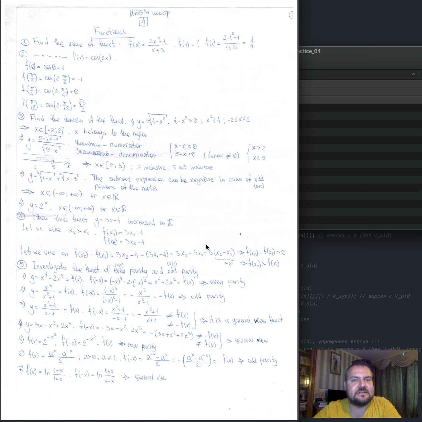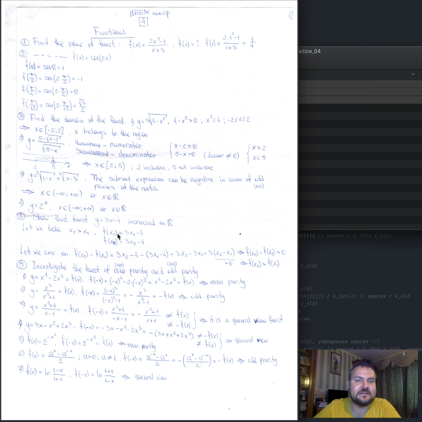Then an exercise on another topic and another question. Show that the function y equals 3x minus 4 is increasing on the R set. The R set is the real number set. Let us take two any values on the R set. Let x2 be greater than x1.